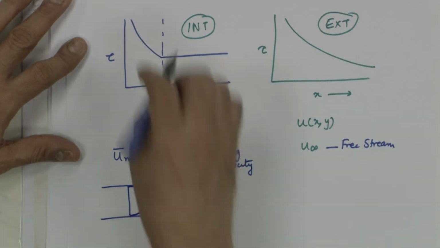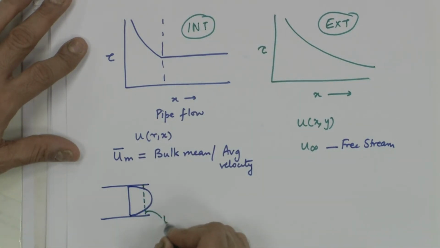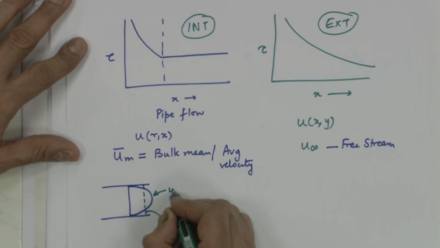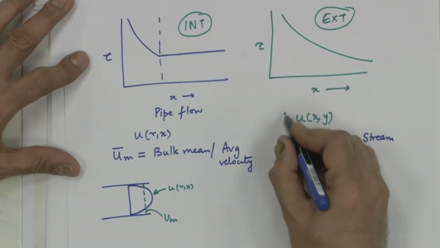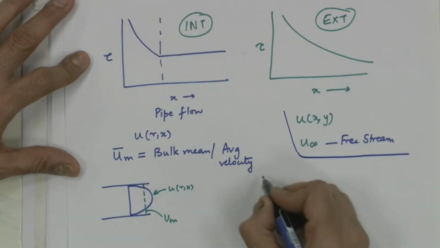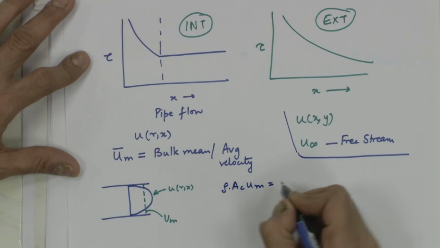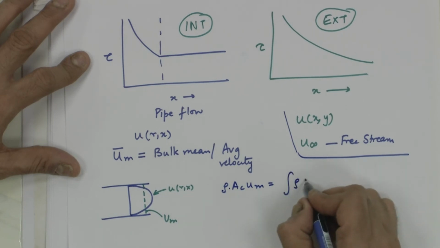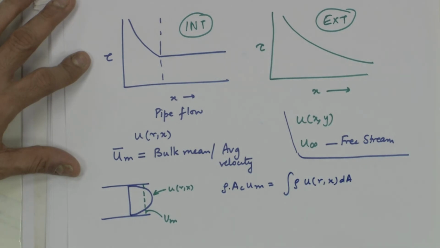This is the bulk mean velocity, the green one, u bulk mean, and this is u of r comma x. By mass balance, m dot, rho into cross-sectional area into u bulk mean, is the integral of rho u of r comma x dA. So, this is like a pseudo number which you create.